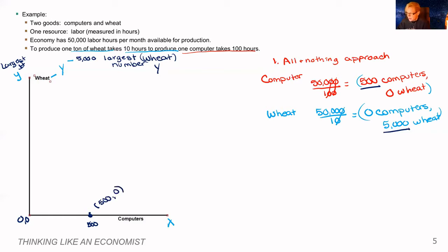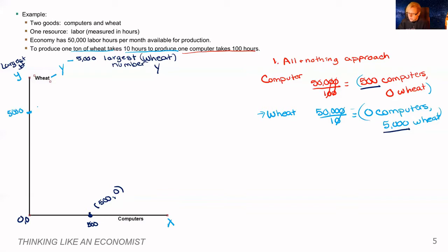Okay. Now I'm going to graph the wheat. Let me go back, pick this one up. So now I'm going to graph the wheat. I'm not going to go out at all because it's 0 computers, but I'm going to go up 5,000. So I'm going to be right here, 5,000.